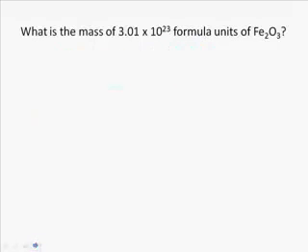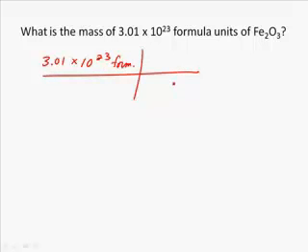Okay, and now let's see. For the iron(III) oxide, we have 3.01 times 10 to the 23rd formula units, and I want to go from formula units to moles, and then moles to grams.